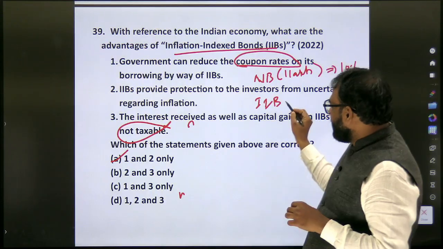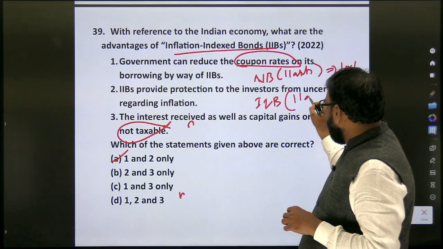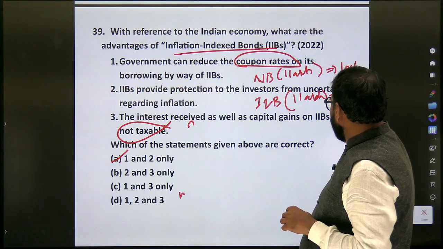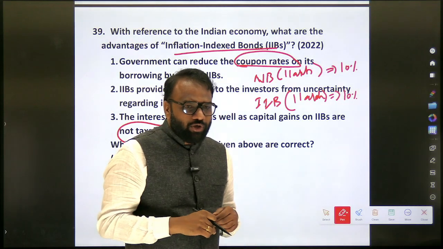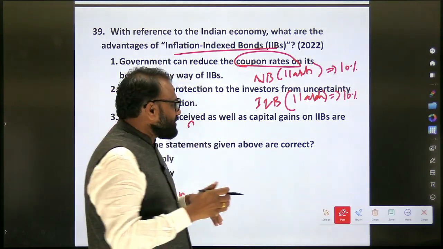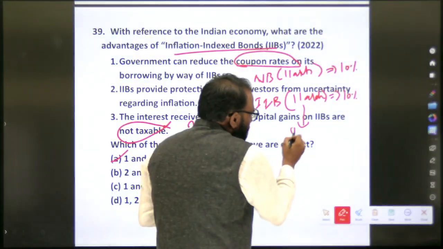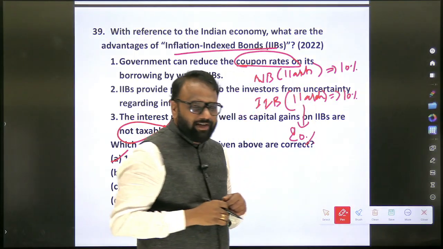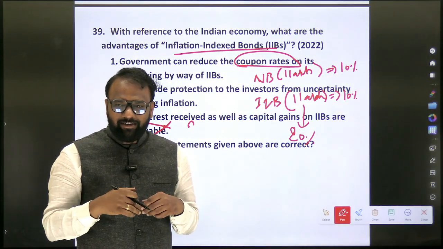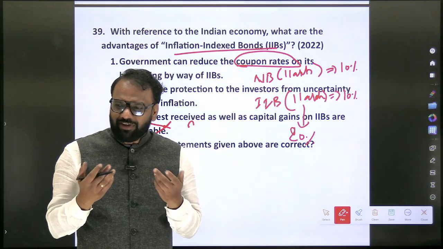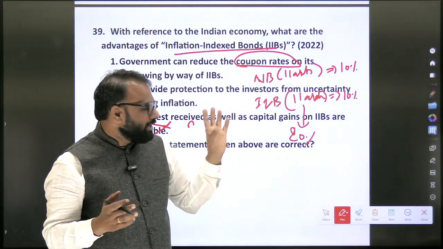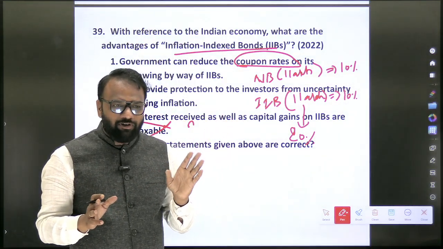That is the normal bond. In case of inflation indexed bond, 1 lakh and 10% is the rate of interest, but it depends upon inflation. Let's assume the inflation in 1 year is 20%. Generally it will be in terms of interest, not in terms of principal.